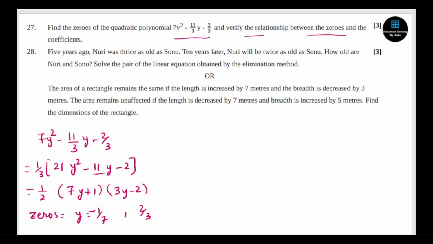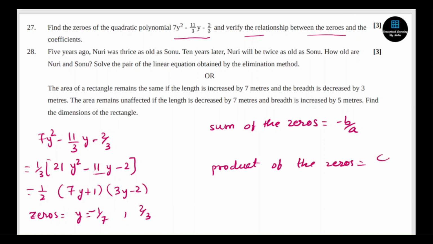And now you have to verify the relationship. Now, what is the relationship? The sum of the zeros equals minus b upon a, and the product of the zeros is c upon a.